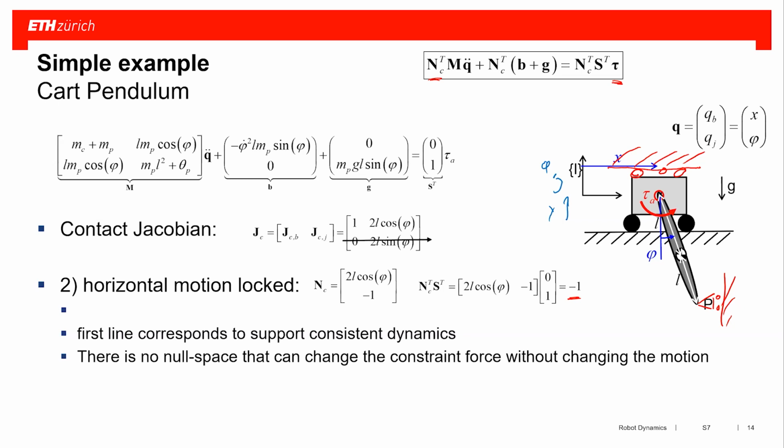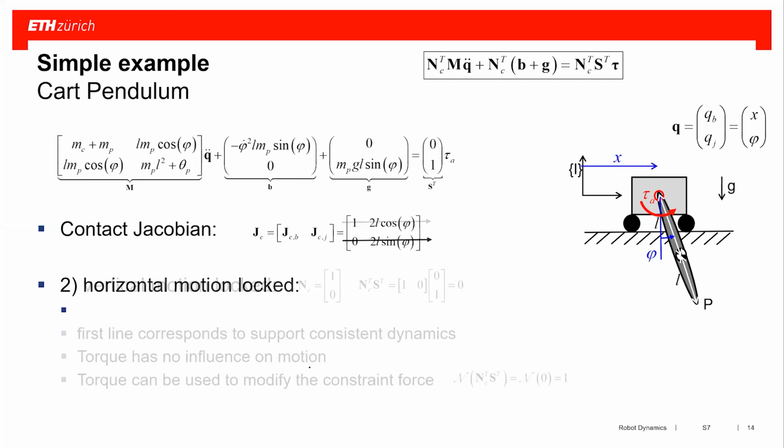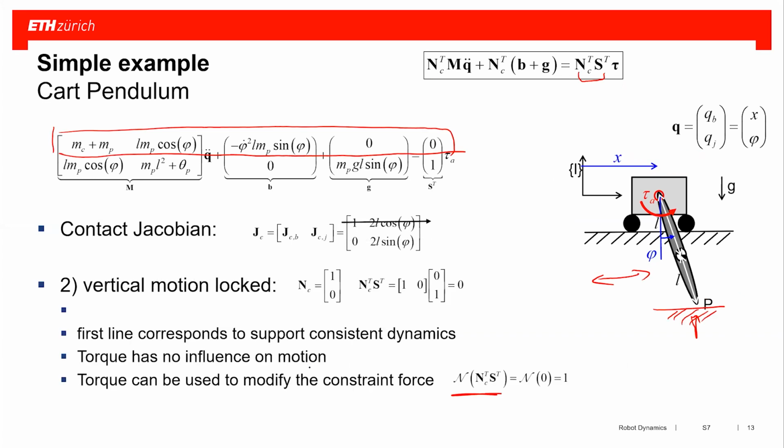Okay, so one last question. Could you repeat why for a vertical locked motion, the first row has to be canceled? So vertical, what did we look at? We had r at the contact point.